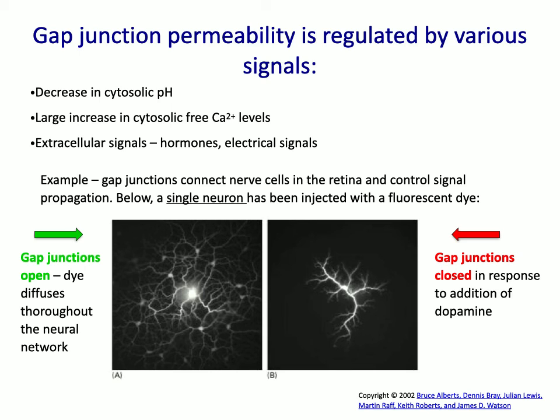And so when one neuron is injected with a fluorescent dye, it quickly diffuses throughout the entire neural network in the tissue. On the right, the same tissue has been treated with dopamine, which functions to close gap junctions in the retinal tissue, and as a result, we now only see the single neuron that was injected.